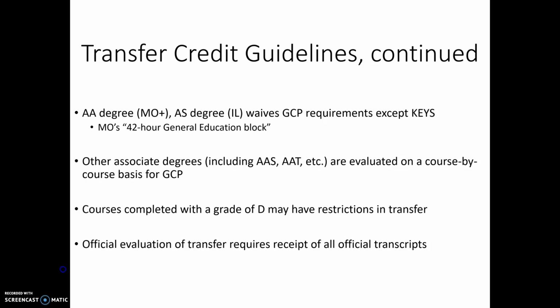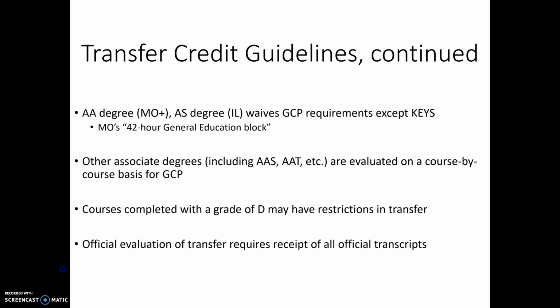Now, there are other kinds of associate's degrees. AAS is a common one, for instance. That's the Associate of Applied Science, or the Associate of Arts in Teaching, AAT, and there are a few others as well. If they don't fall into the first bullet point's requirements, those would be evaluated on a course-by-course basis.